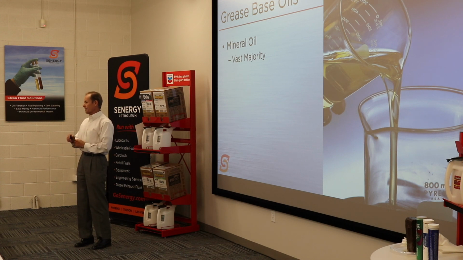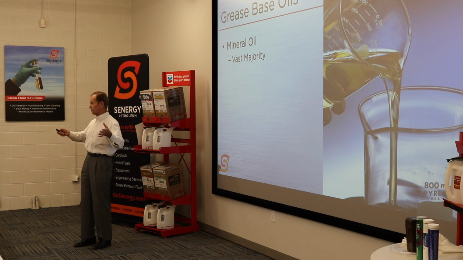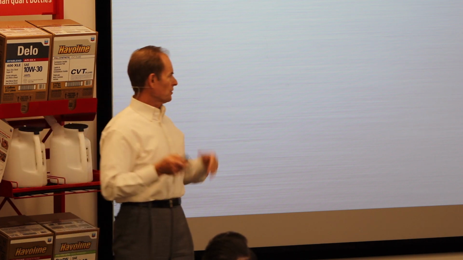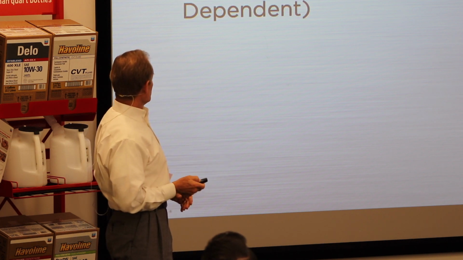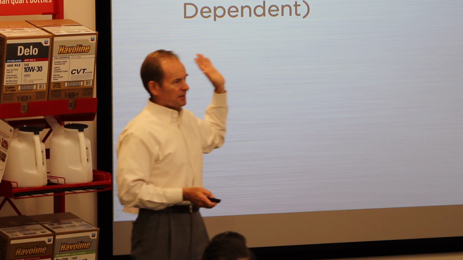There's not a lot of call for synthetics in greases in terms of the total volume of grease sold. It's a different proportion than if you look at engine oils. You know, Mobil 1 and all the other synthetic engine oils out there represent a pretty good sized chunk of the market anymore. Not so with the synthetic oil used in greases. Mineral oil is the vast majority of it.